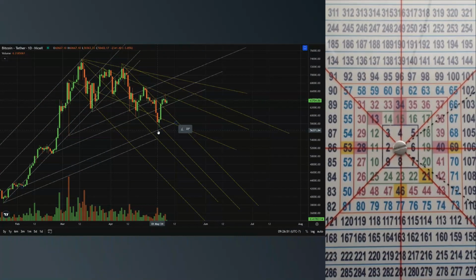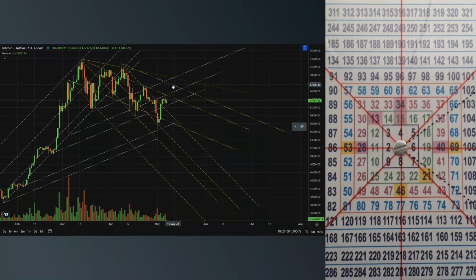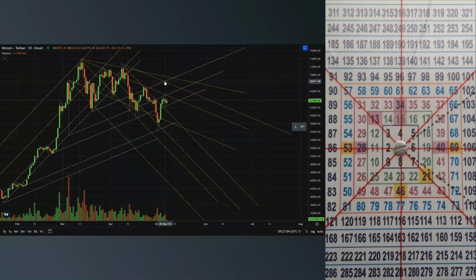However, staying below these 1 times 2 angles here is an area where we're going to see a lot of resistance. And there's a crossing here, and I was expecting a top to come in, and sure enough, is this going to follow through to the 12th, where we're going to sit back here and retest this? Are we going to go down lower and sit in this area?